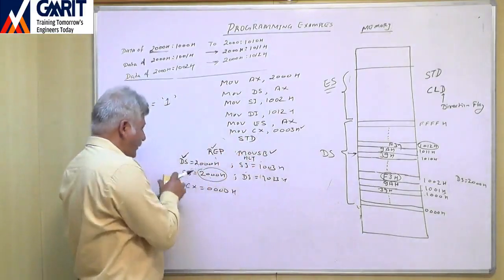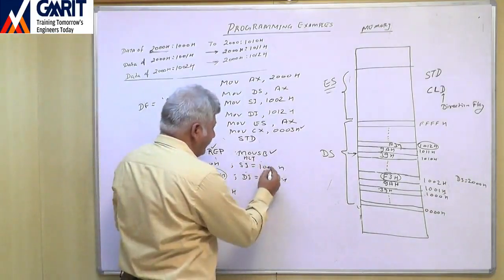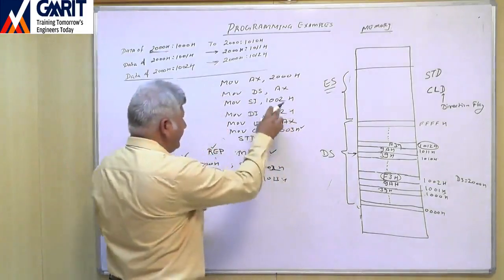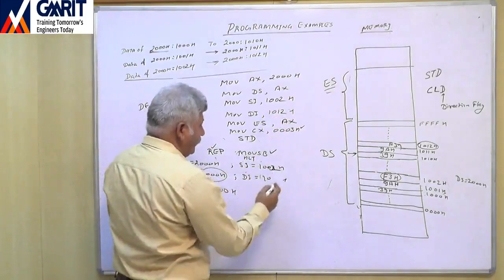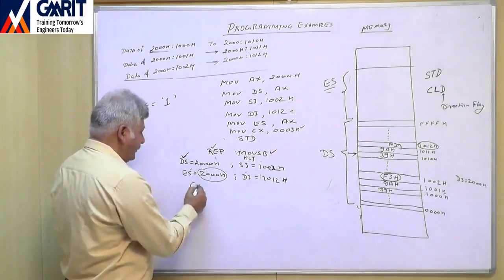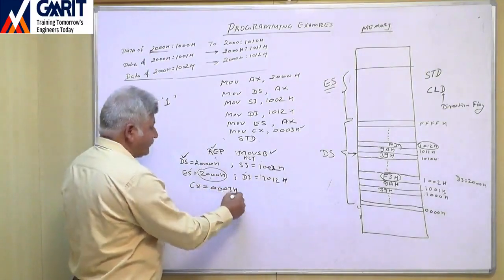Now see, DS is 2000, SI is 1002, and DI is 1012H, and CX is equal to 0003H.